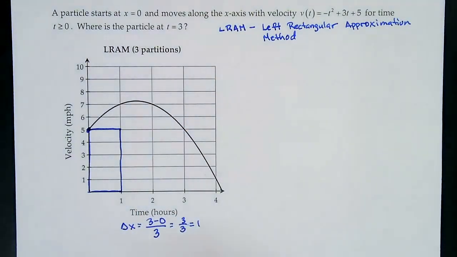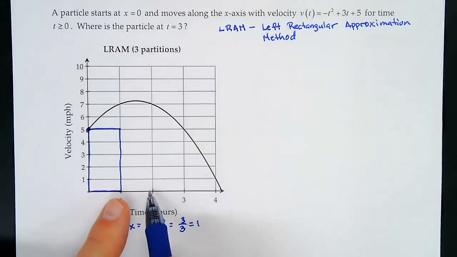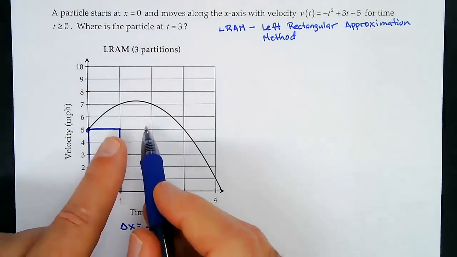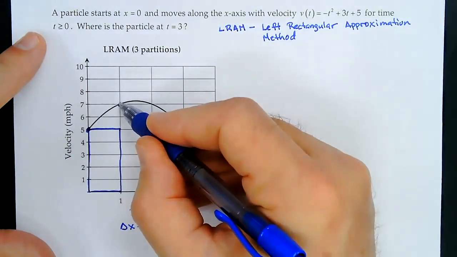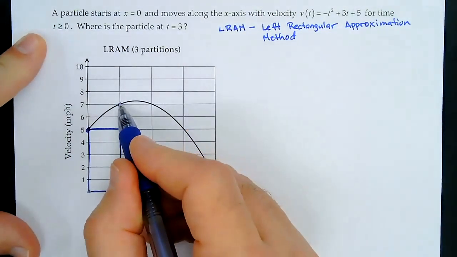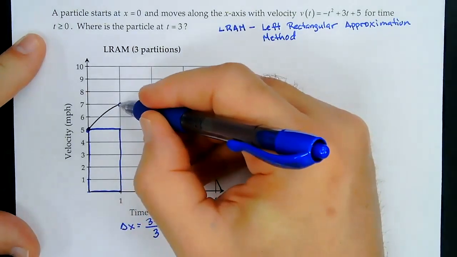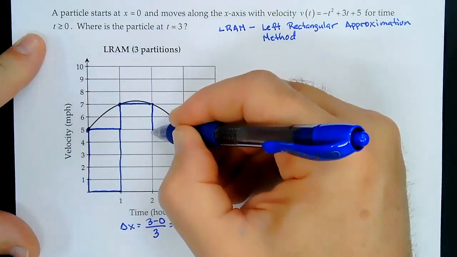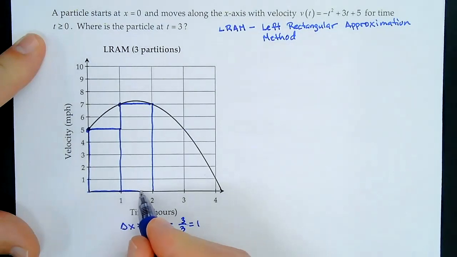All right, and then that was the first one, right? And we want to do 3 of these. So 0 to 1, and then we want to go from 1 to 2. And again, we're going to go up until the left side of this hits the curve. So that would be right here, and that would be the top of our rectangle. Okay, so that's from 1 to 2.